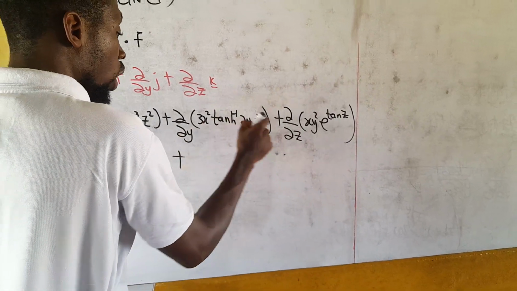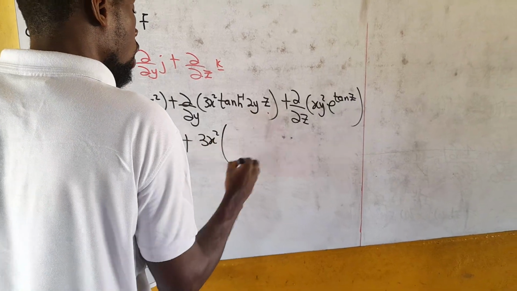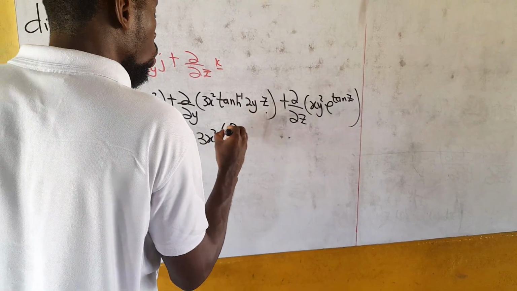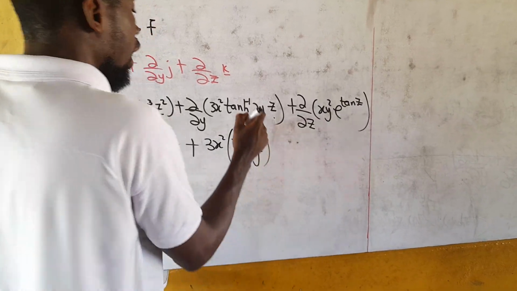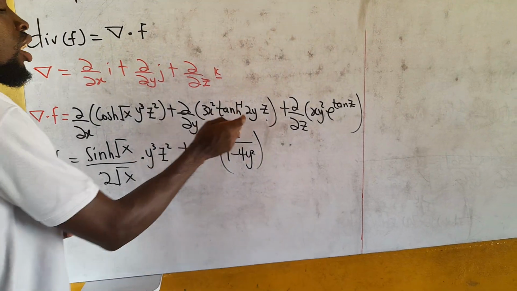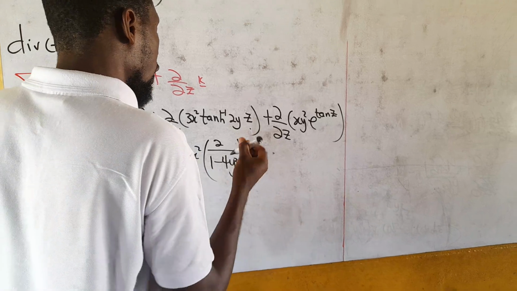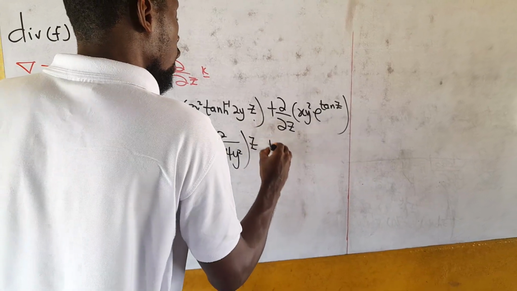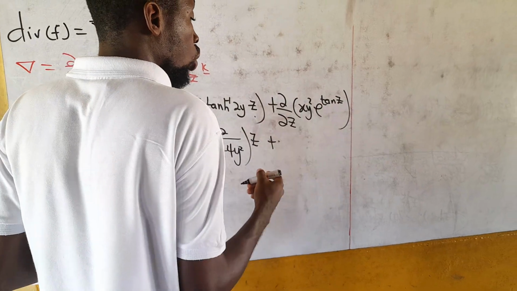So the 3x square and the z will be held constant. So we have 3x square. The differential of this will just be 2 over 1 minus 4y square. Please check out my videos on the differentiation of inverse hyperbolic functions. So then our z will come, then plus, we'll perform partial differentiation of this with respect to z.